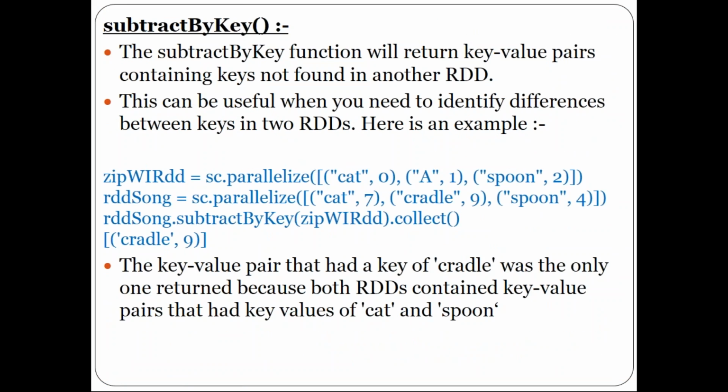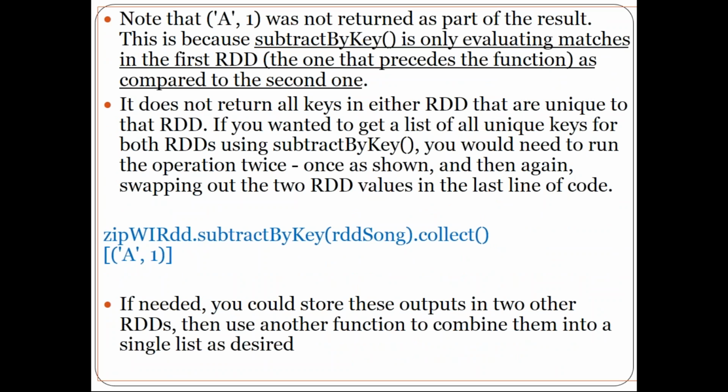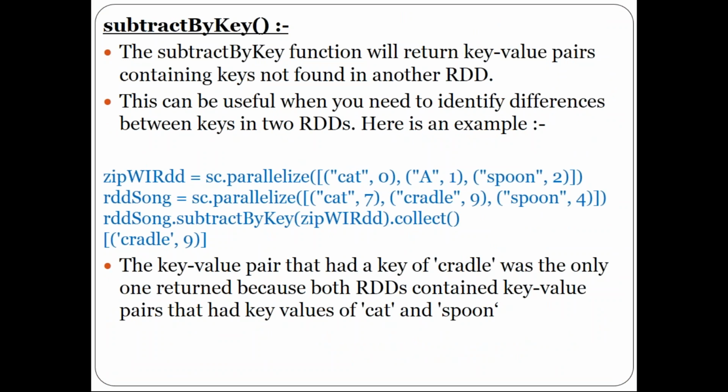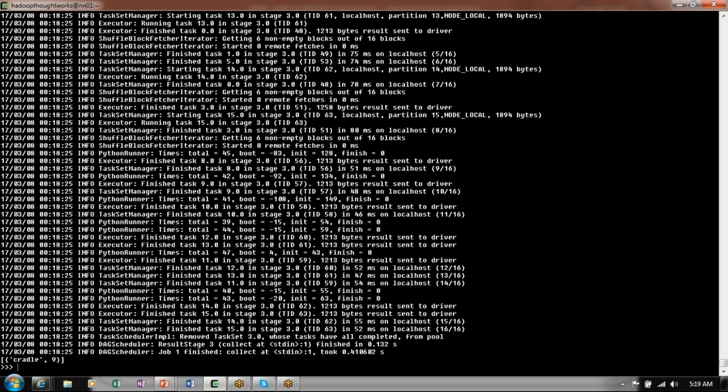So this is done. Okay, so if you see here, this is song RDD subtracted by zip WIR RDD. We'll do one thing different. Okay, so here what we'll do is zip WIR RDD subtracted by song RDD.